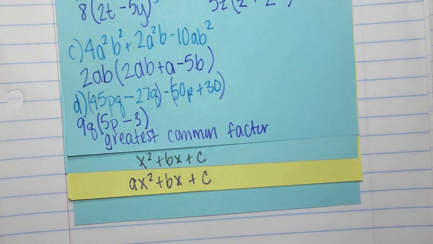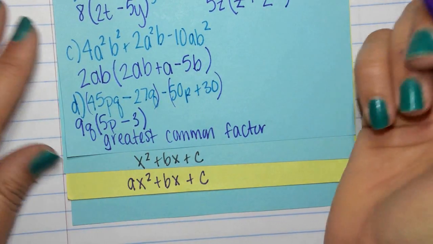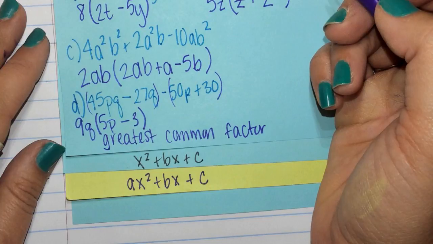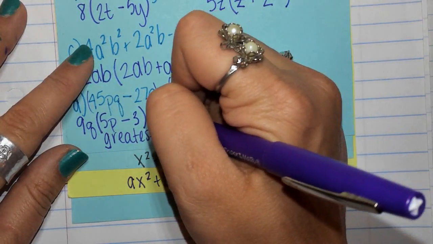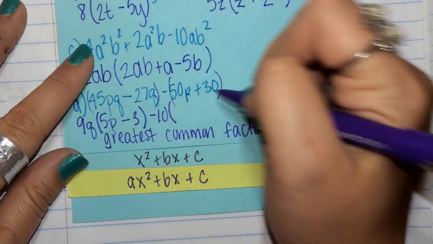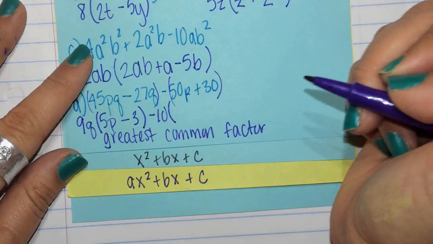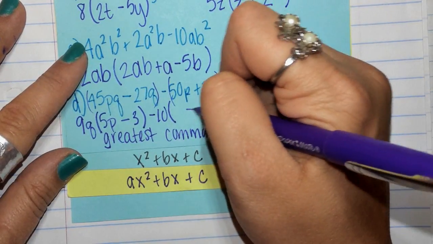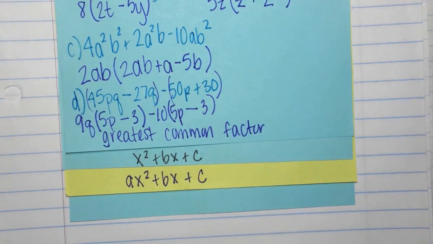Now, on this one, what's the biggest number that goes into both 50 and 30? 10. All right, and we have a negative right there, so we're going to factor out a negative 10. What does that mean we're going to have to change this sign to? A negative. So that leaves us with 5p minus 3.